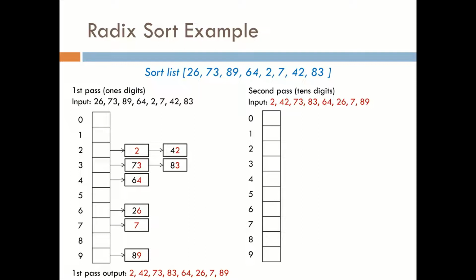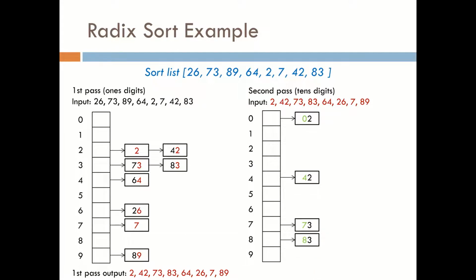And so we begin with 2. Now 2 is a single digit number, so we have to imagine that there is a 0 in the tens position. So the 2 goes at the top. We then have value 42, and that goes in bucket 4. Value 73 in bucket 7. Value 83 goes in bucket 8.